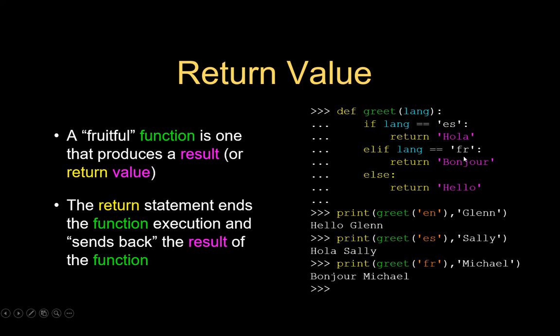If that is fr, return bonjour, otherwise return hello. So we're going to do print and do another function inside the print, which is greet en. The value of this, which is going to be returned, is hello. So this is going to be hello Glenn. This is going to be hola. So the output of this is going to be hola Sally, and the output of this is going to be bonjour Michael.